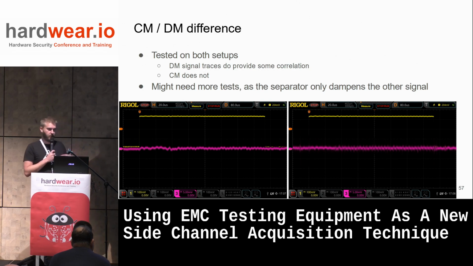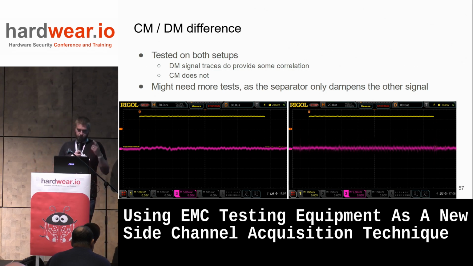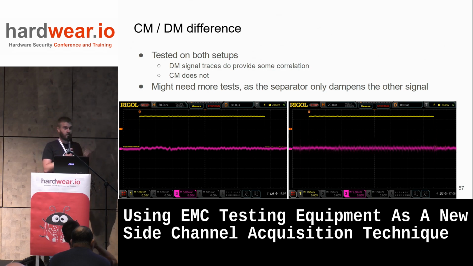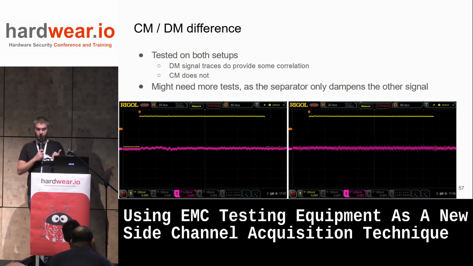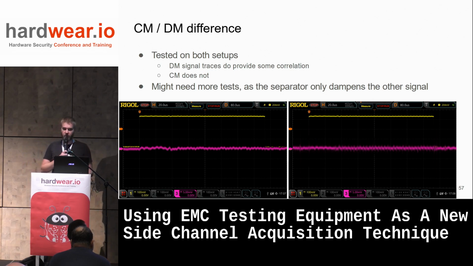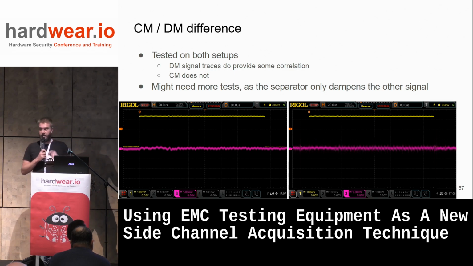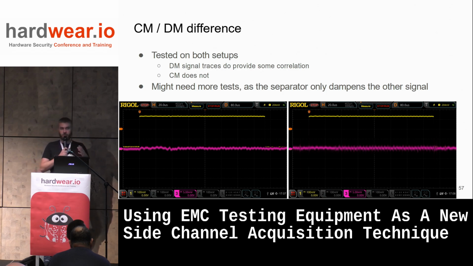That's because it's only a passive separator, so it's not that good. From the test I did, on the common mode, I couldn't see any correlation for the encryption or the key. But for the differential mode, I had some kind of encryption. I did not do as many traces, but at least that's another potential use of the LISN.